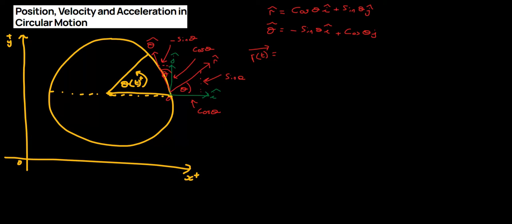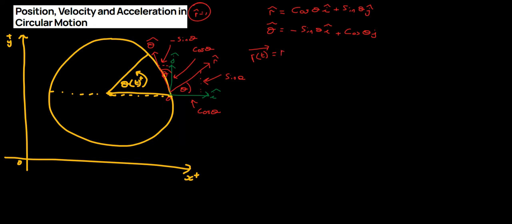Okay, so we've got a radius. This time the r hat is one unit vector. We need to have a function for position where r is not a unit. So let's do that then.